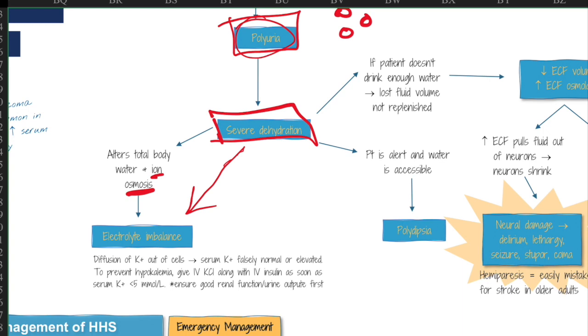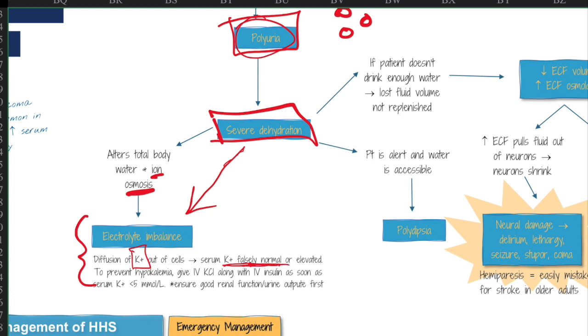Your electrolytes are going to go a little wackadoo. And you're going to have the same kind of story here that we had last time with your potassium, where that potassium is pulled out of the cells, and your serum potassium is going to be probably very high when the patient first comes in.